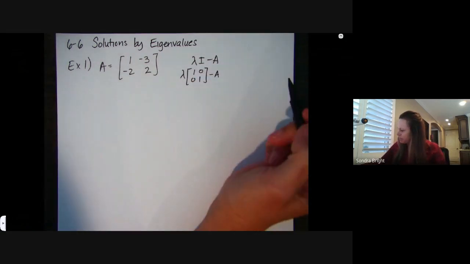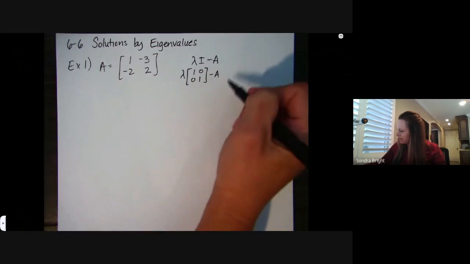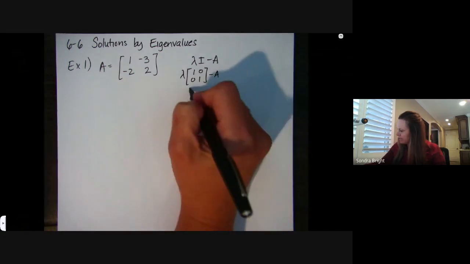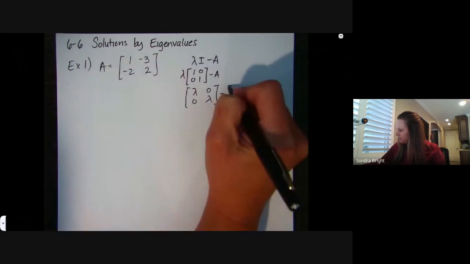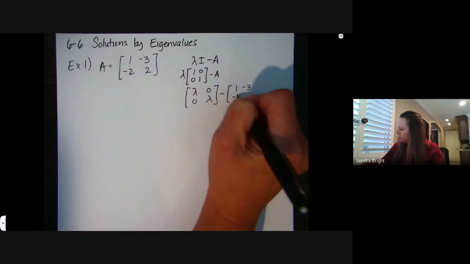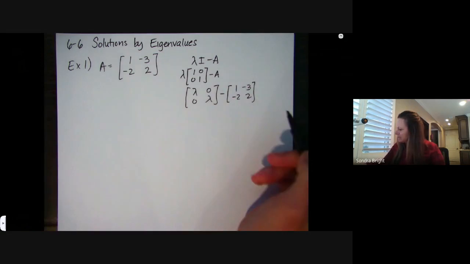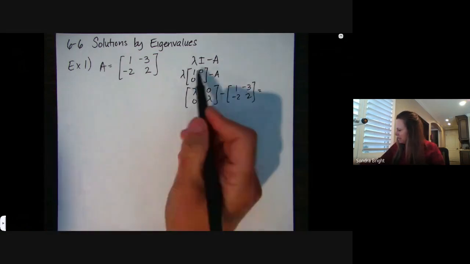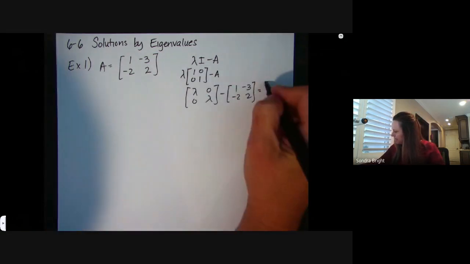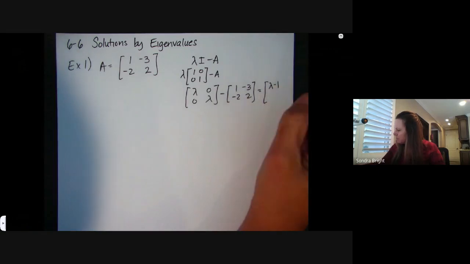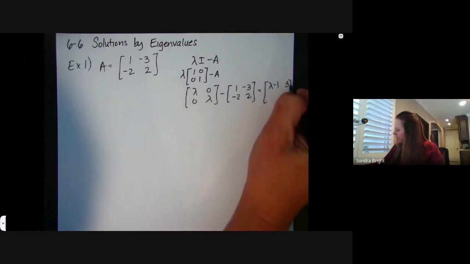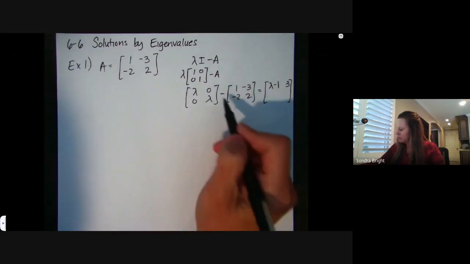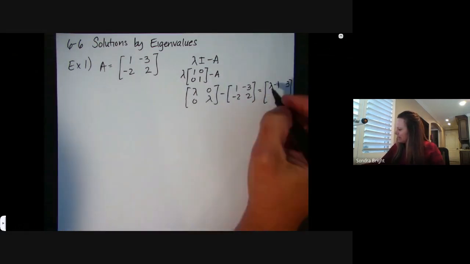So this was lambda, 0, 0, lambda, and then minus A, which is 1, -3, -2, 2. That gives you lambda I minus A as lambda minus 1, 0 minus -3, so now a positive 3, 0 minus -2, so now a positive 2, and then lambda minus 2.